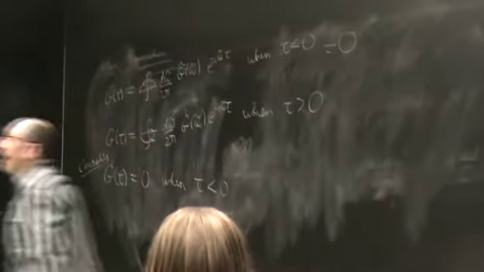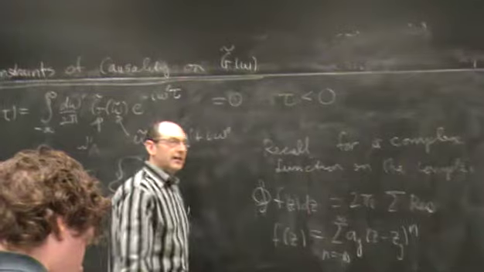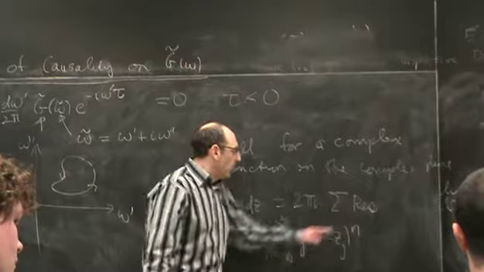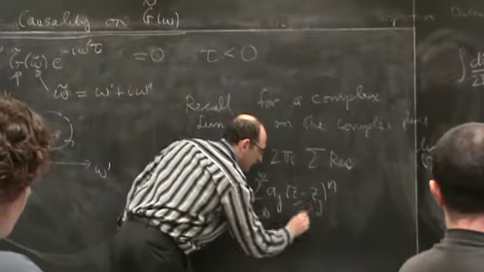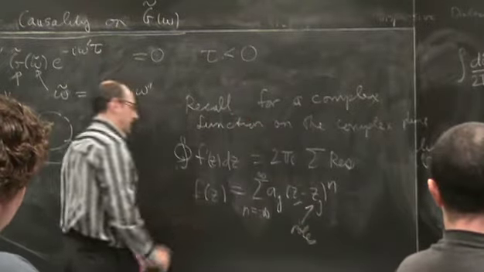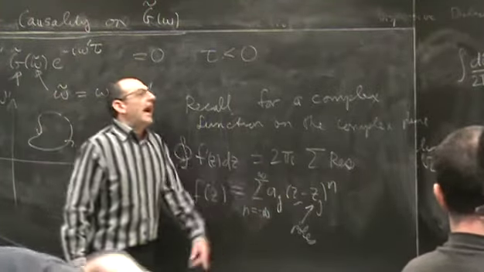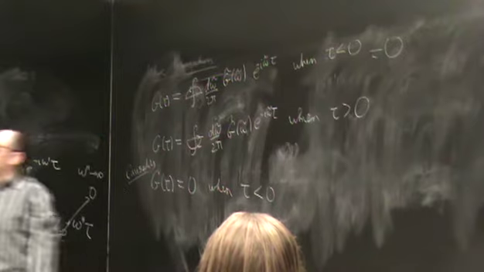But we just said that if we do a closed loop integral according to the right-hand rule in the complex plane, that's equal to 2 pi times the sum of the residues. And the residues are related to the poles of this function, that's to say, the places where it blows up. And since this is 0, what that says is there can't be any residues in the upper half of the complex plane of this function.